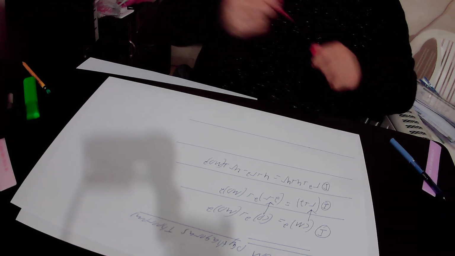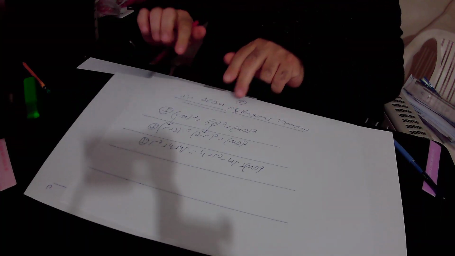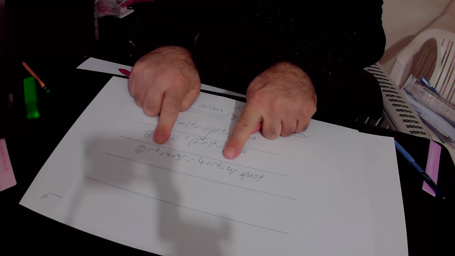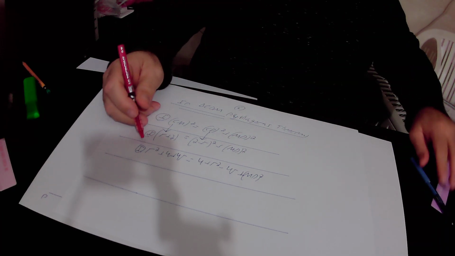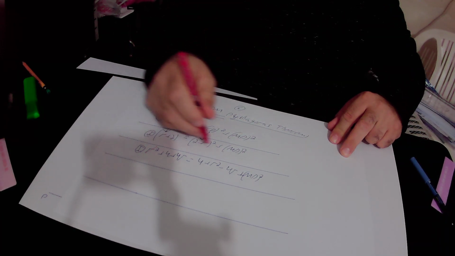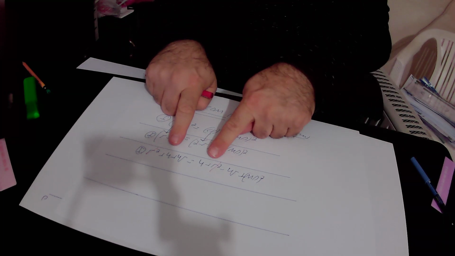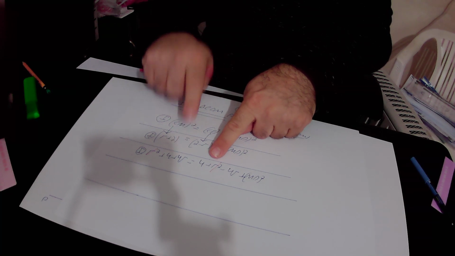So here we have r² on both sides of equation number 1, so r² will get cancelled. And we also have 4 on both sides of this equation, so 4 will also get cancelled.